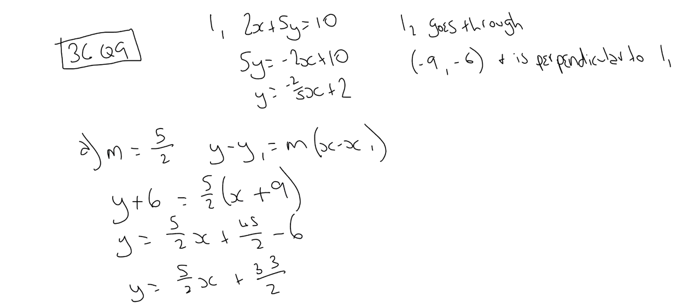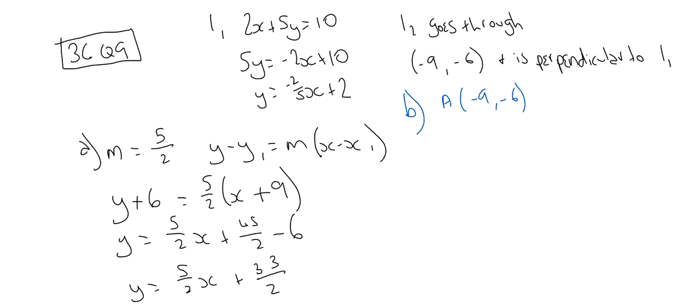The second bit is where it gets a little bit awful. So part B, let's change color. Part B is asking me to find the area of the triangle. So I've got point A, I'm given that as point A, and I'm told that it also goes through the origin.